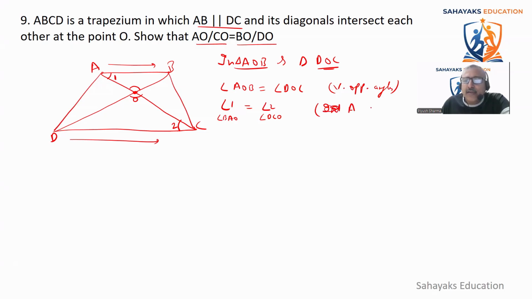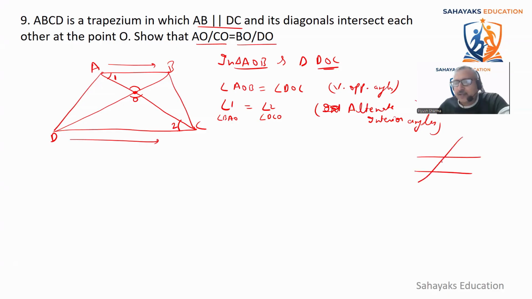Wherever two lines are parallel and there is a transversal, this angle is equal to this angle. So this is called alternate interior angles. We can see that AB is parallel to CD, so you can write AB is parallel to CD.